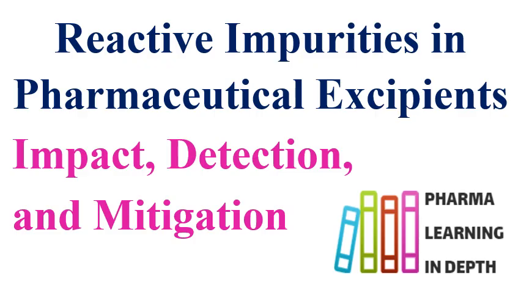There are several reasons for the impurity formation, several reasons for the drug degradation. Out of those, the most important is the instability of the APIs because of the effect of light, humidity, temperature, oxidation, hydrolysis.